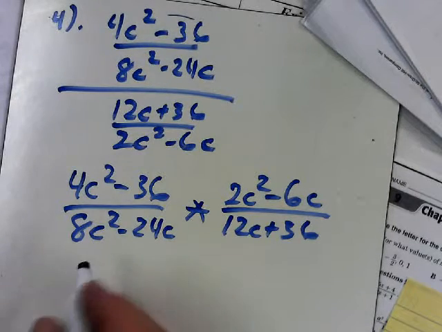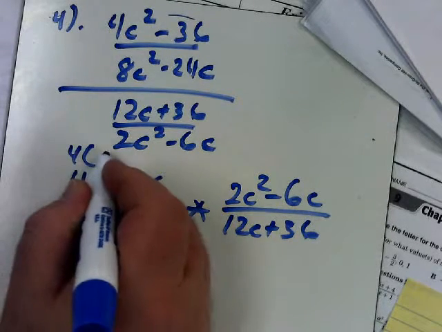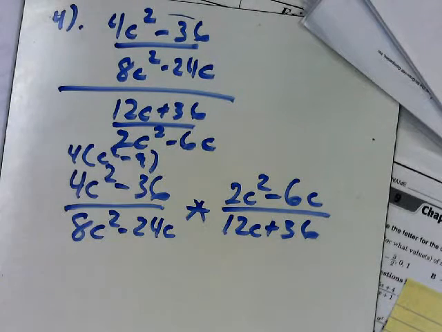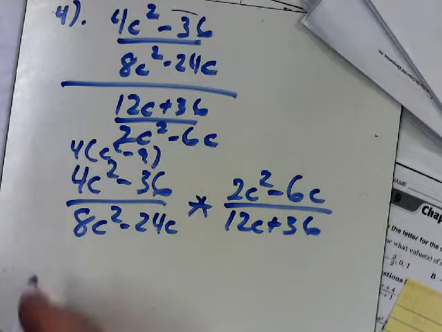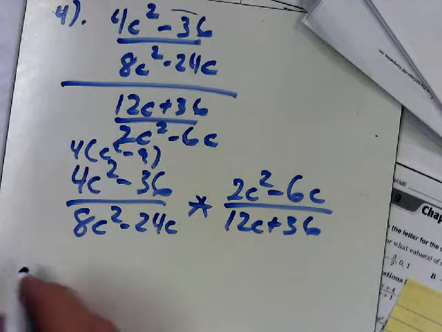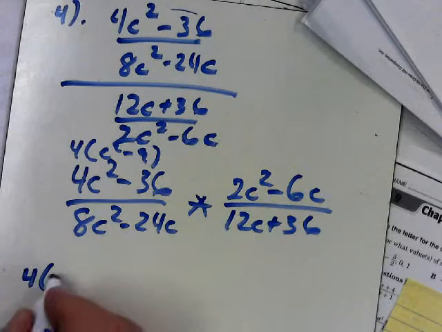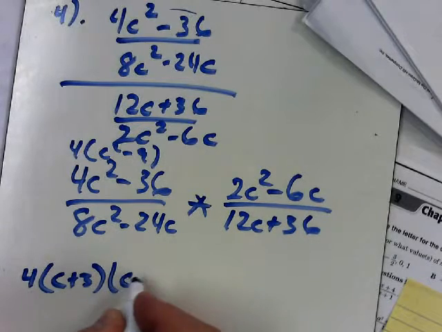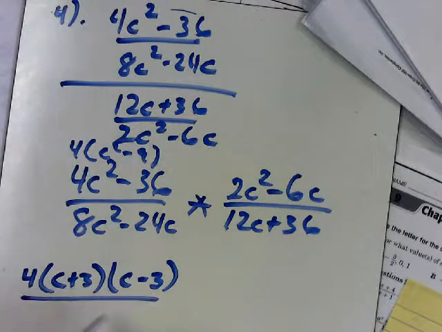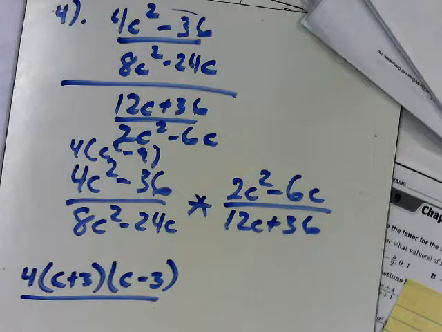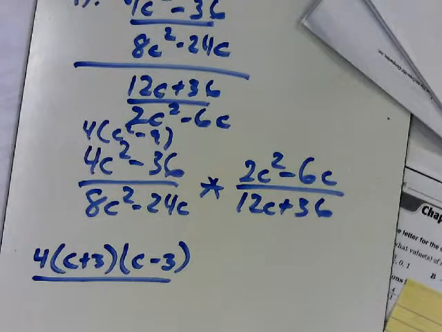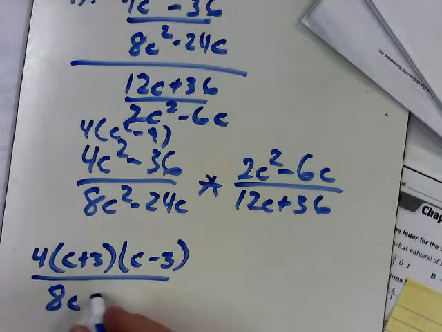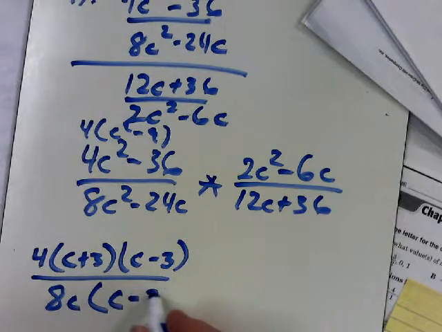I'd take out a 4, which means that I'd have a c squared minus 9. Does c squared minus 9 factor? Into what? C plus 3, C minus 3. This is 8C squared minus 24C factor. So I'd have 8C parentheses C minus 3.